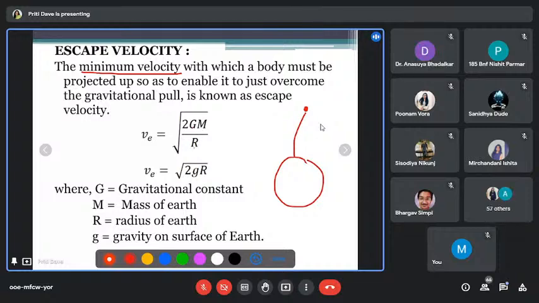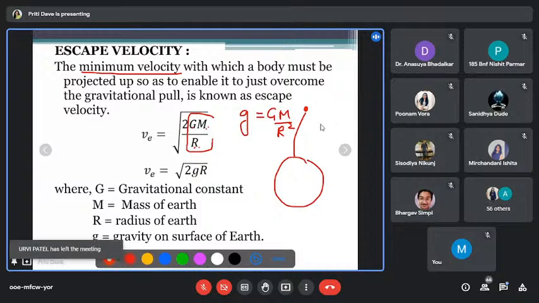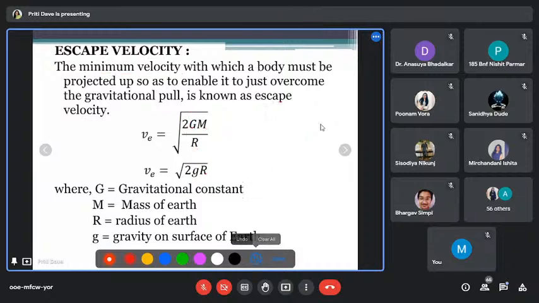Now, I know that acceleration due to gravity is GM by R square. So I have this GM and R. I do not have a single R here, so I multiply that R here and I will get escape velocity can also be written as root 2gR. I hope that people remember that we did that acceleration due to gravity is this.